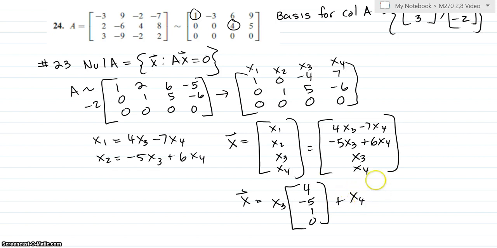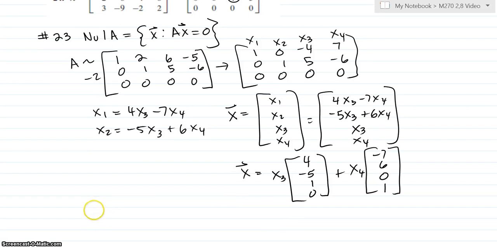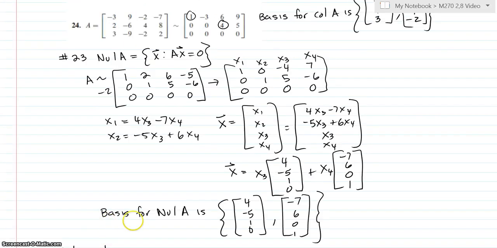And x4 is going to be -7, 6, 0, and 1. And that is the basis. The basis for the null of A is this column and this column.